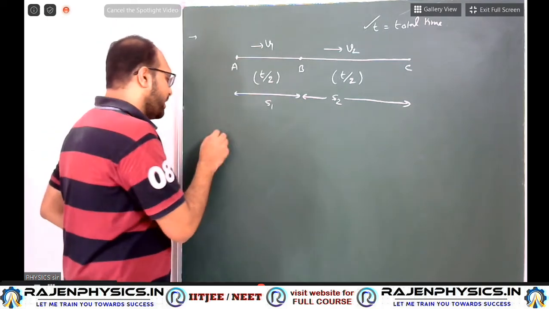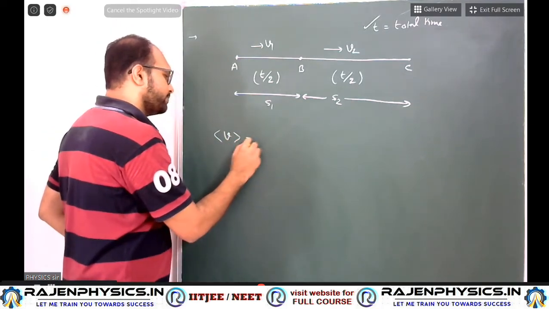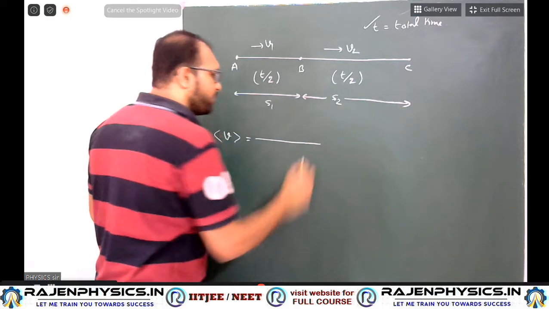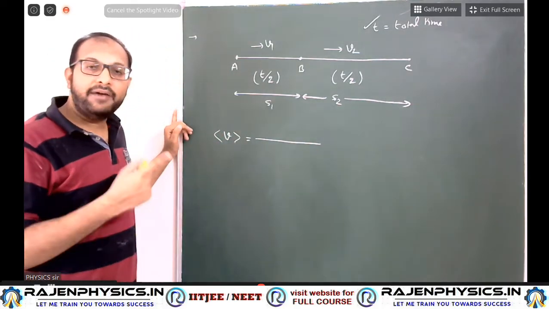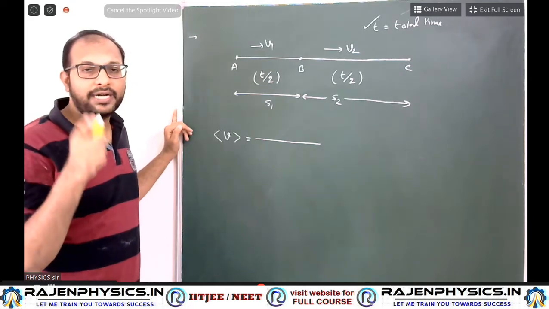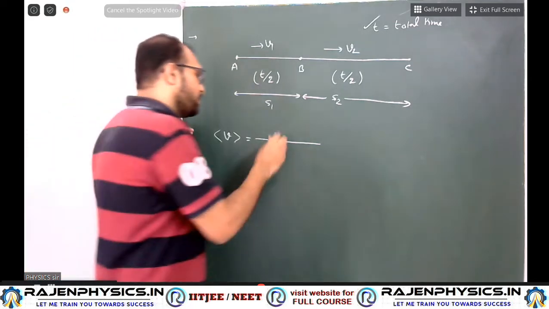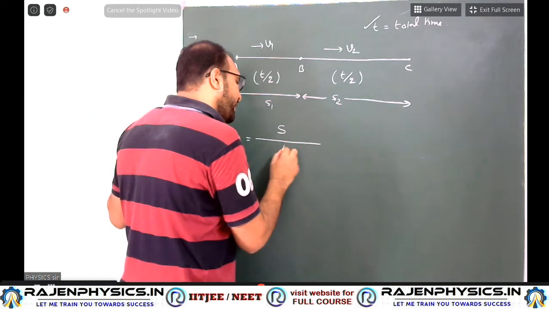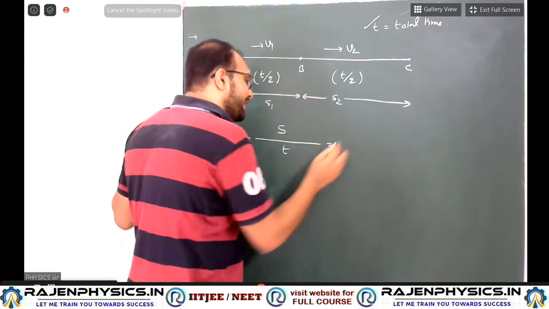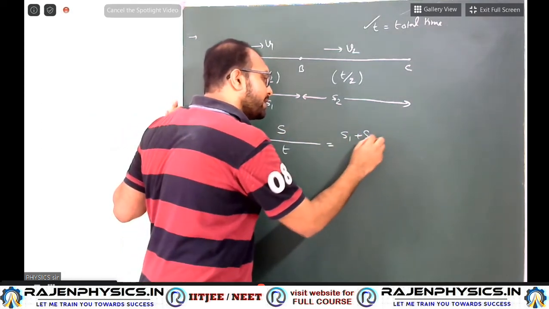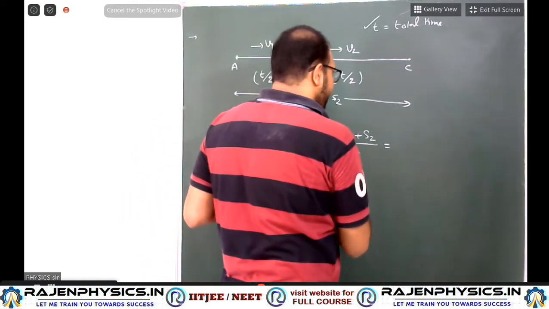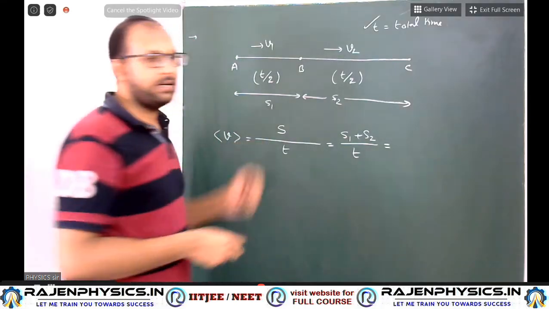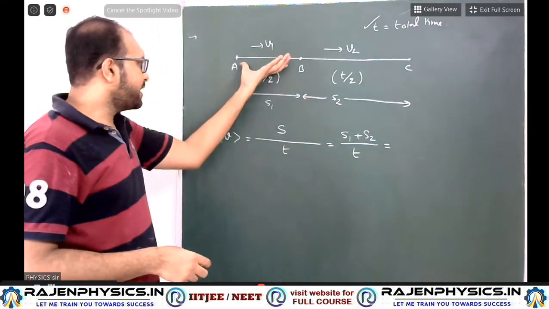Then average velocity. Yes, now average velocity is total displacement divided by total time, average speed is total distance by total time. Here both are the same. So displacement divided by total time is S1 plus S2 divided by total time. S1 means the first distance.